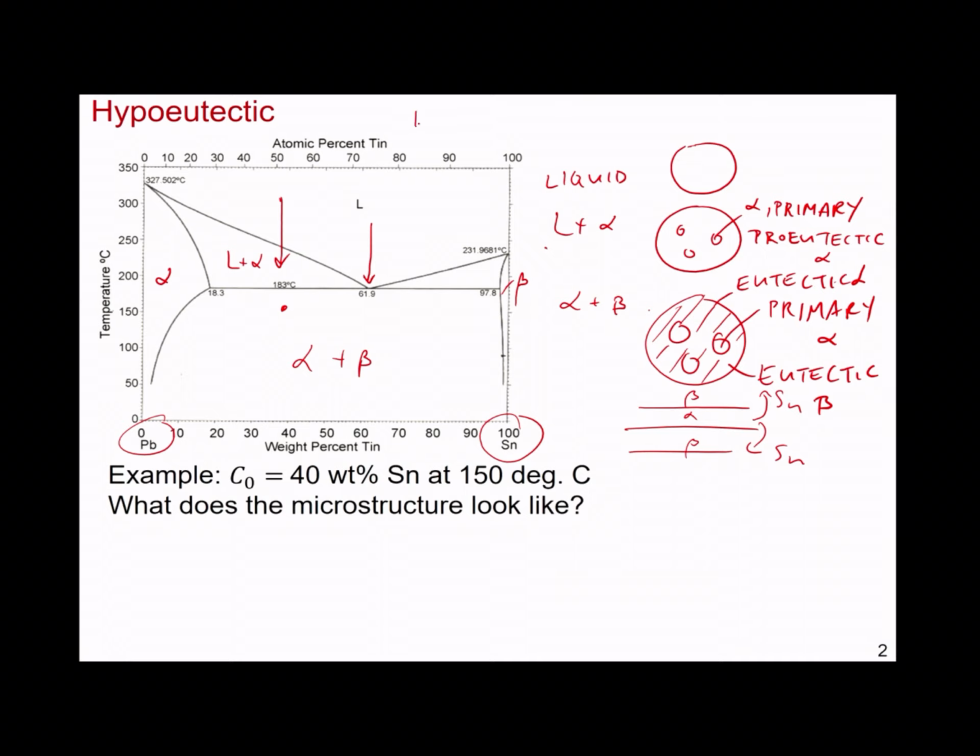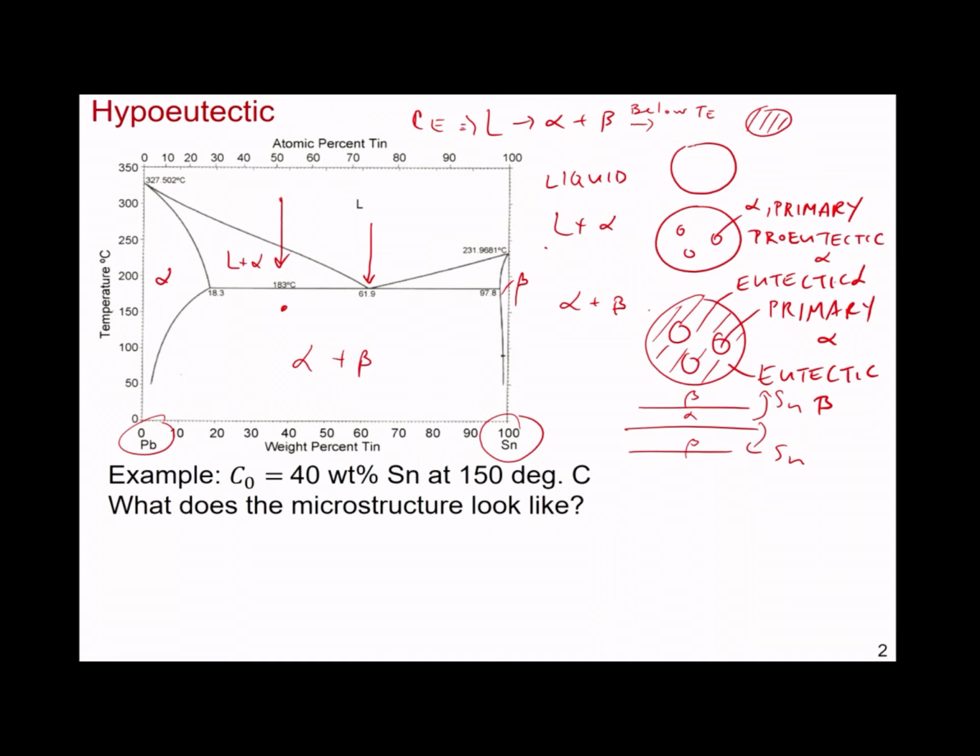So right at the eutectic composition, CE, you go from liquid to alpha plus beta, right? 183, and then 182, you have alpha and beta. So below the eutectic temperature, your microstructure just looks like these stripes.